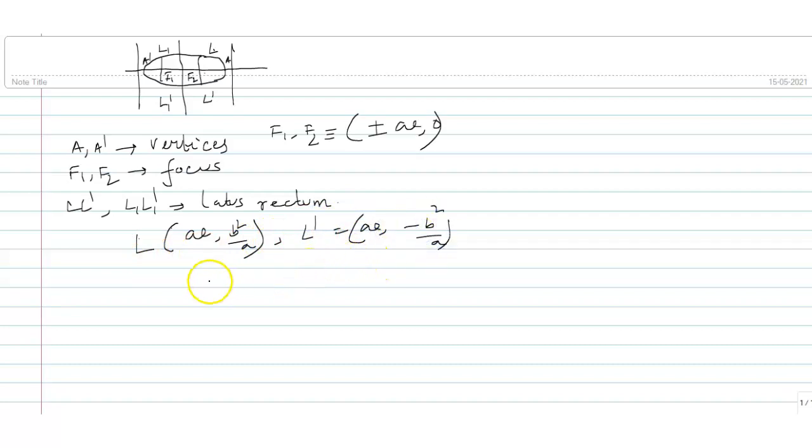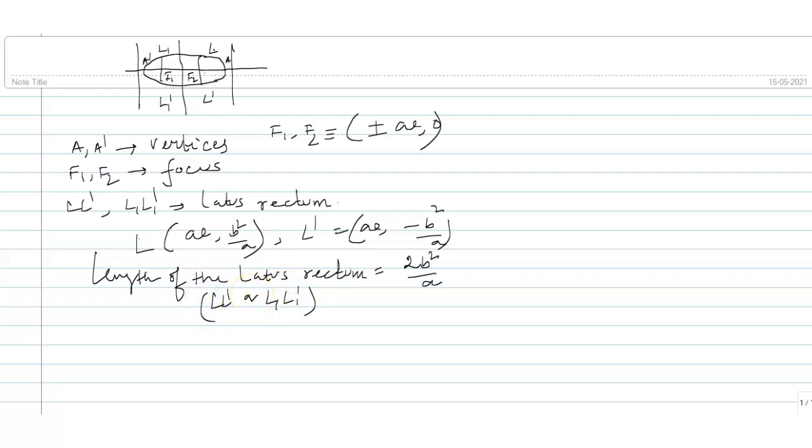If I need to write the length of the latus rectum, we can write L dash as 2b square over a. Clear?